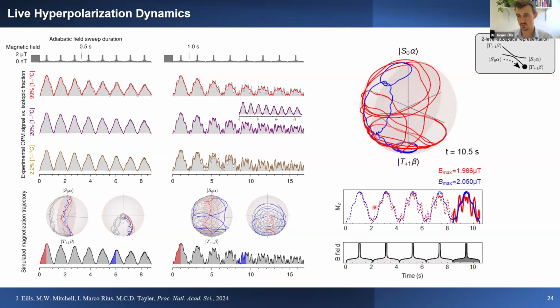I think actually I have a... well, I won't be able to show you that, unfortunately. The GIF is not playing. But essentially, we see that as you ramp up the magnetic field and then back down again, you have this evolution on a Bloch sphere, in this case, where we're looking at the state of the system evolving from, you know, S0 alpha to T plus beta.